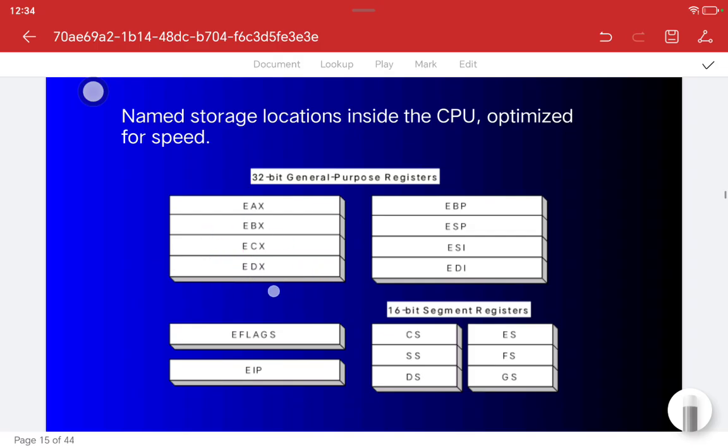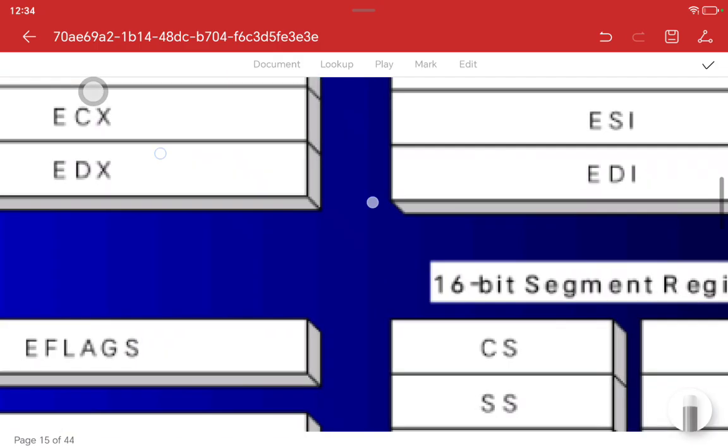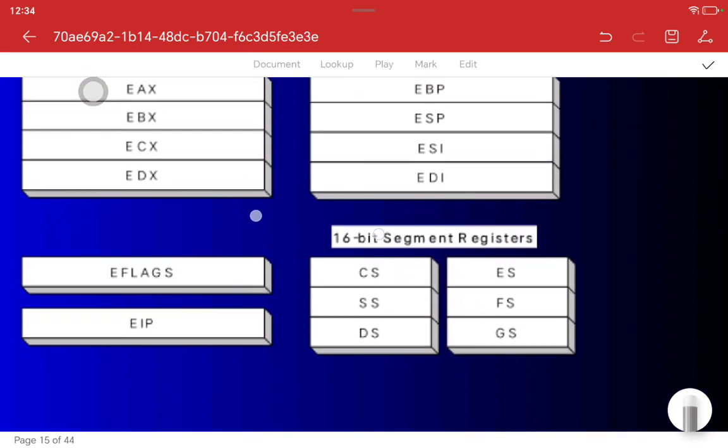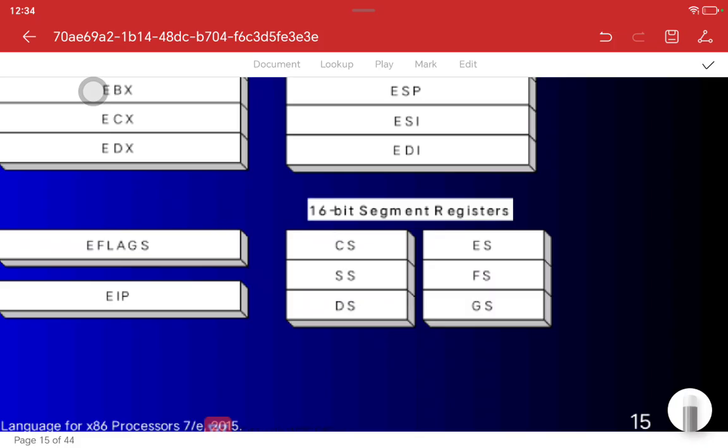These explain themselves. When we come to the 16-bit segments, the second S, the last one, will stand for segment.